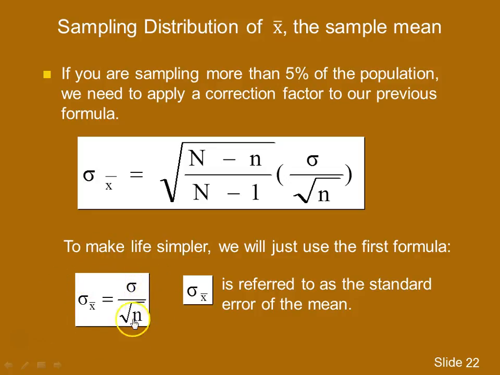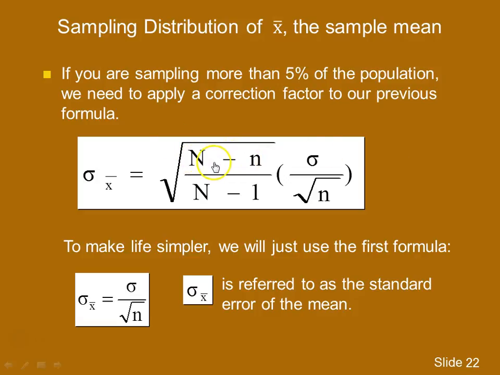And actually, that's not too bad of a simplification, because if you look at this correction factor, in most cases, our sample size, little n, is small relative to the population, big N. For example, if a pollster goes out before an election and takes a sample of 500 or 1,000 voters, that's a very small part compared to the entire population, which might be in the millions.